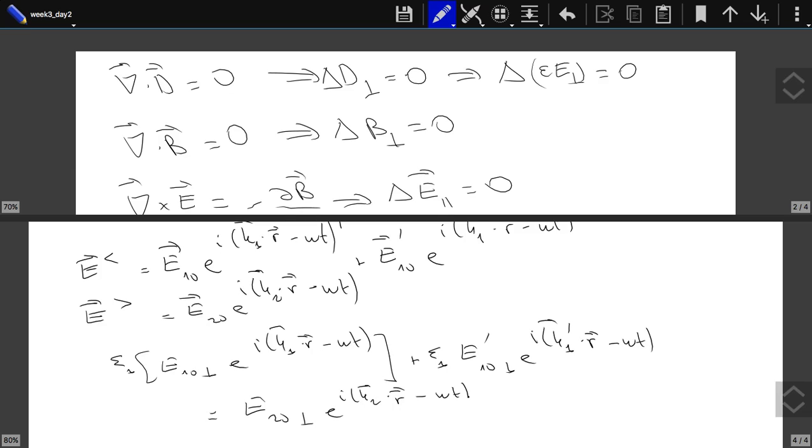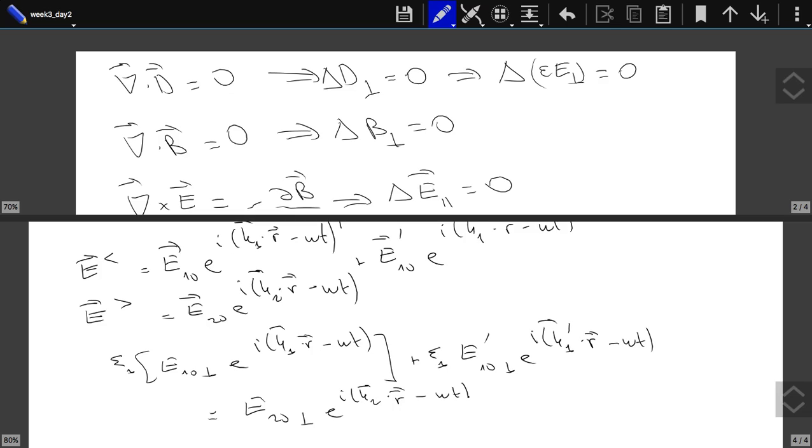Now we have one more condition though. You see, these equalities should be satisfied at every point on the interface. Now before, these factors were just k1 times z, and when we set z equal to 0, they were just 0.